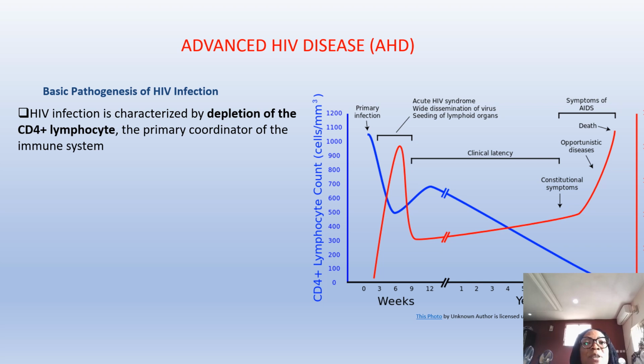The basic pathogenesis of HIV is the depletion of CD4 lymphocytes, which is the primary coordinator of the immune system.